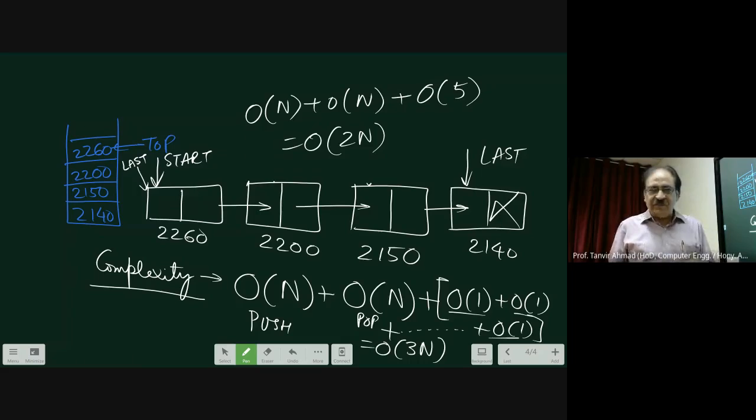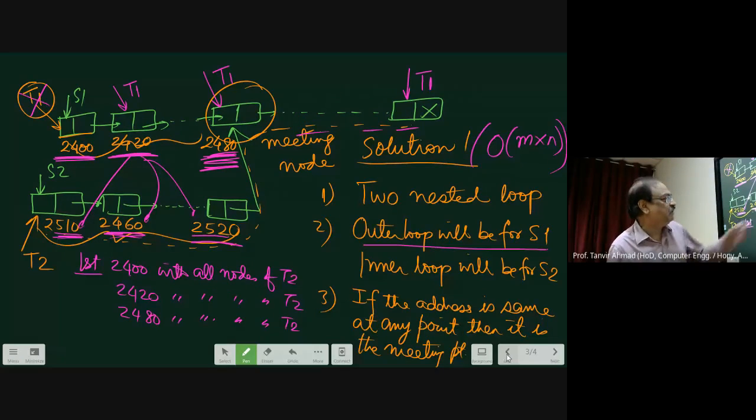Now, is it possible to further reduce the complexity? Now, it's up to you. क्या इससे और better हो सकता है? Now, in the next class, what I want is that you find the better solution for this question, which should not be order of m into n, but should be order of m. ये हमें order of m चाहिए, so that you will be able to get a better algorithm than this.